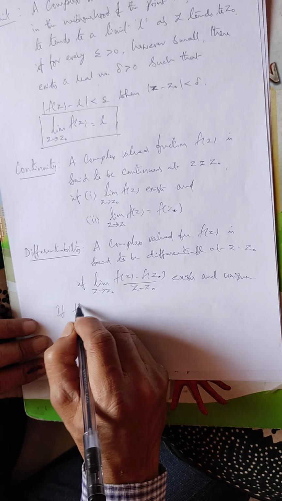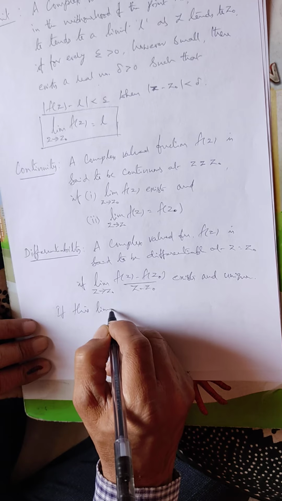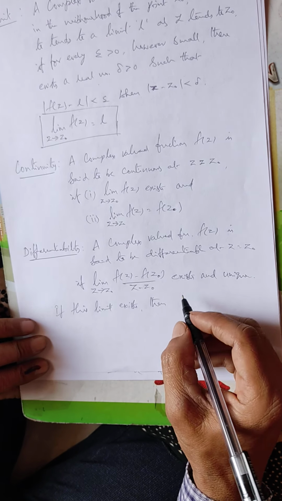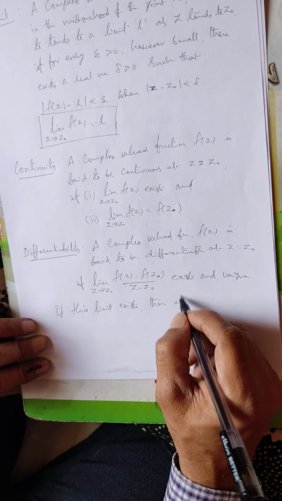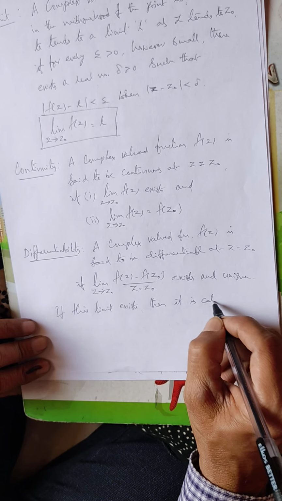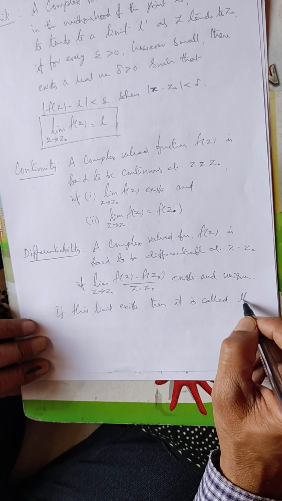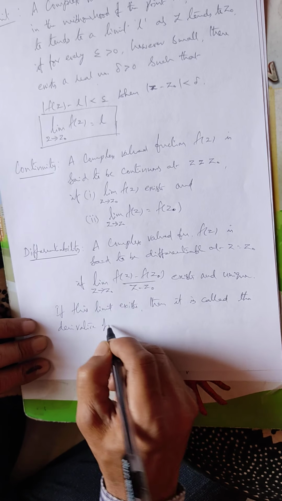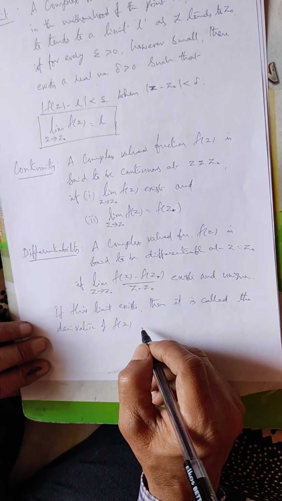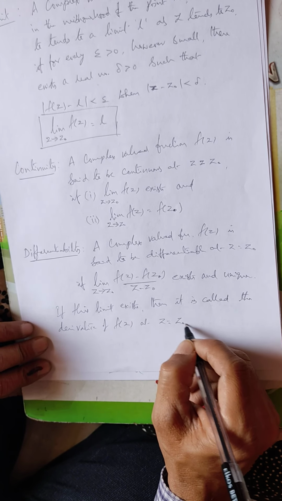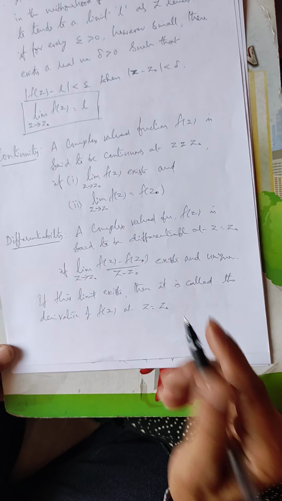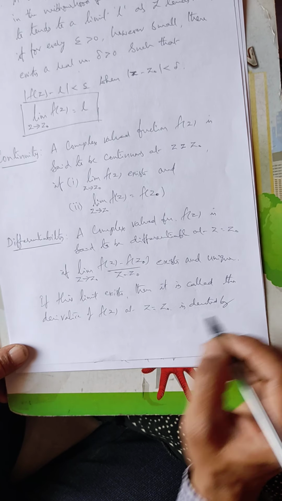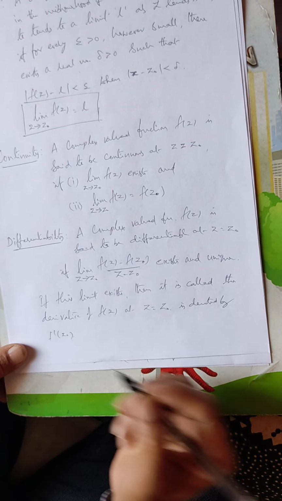So if this limit exists, then it is called the derivative of f of z at z equal to z naught, and it is denoted by f dash of z naught.